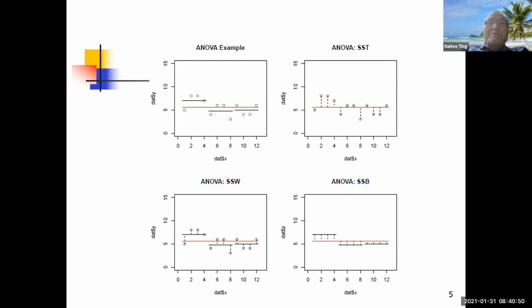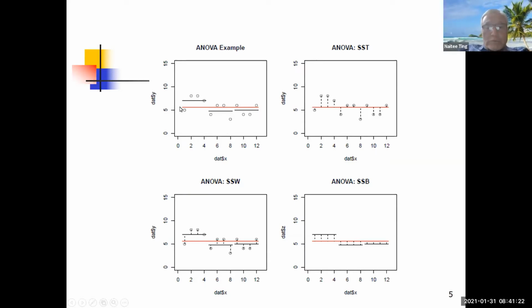Now, if you expand it to three groups, here I have 12 observations. Group 1, Group 2, and Group 3. All right. Now I've got three groups, so you can no longer use a t-test to handle it. So you move into the f-test.